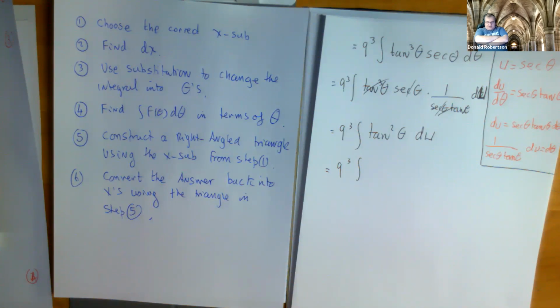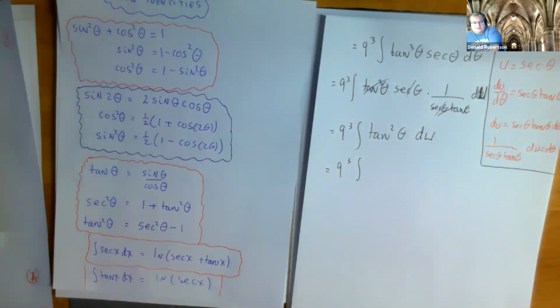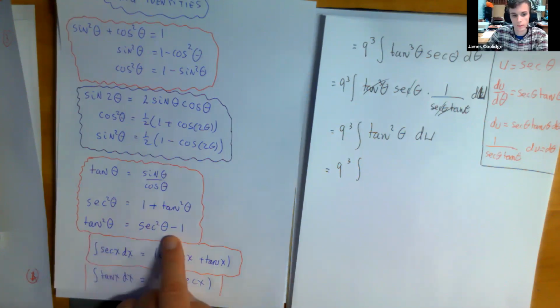Yes? What's tan squared equal to in terms of secant squared? Yet another identity. There. What's tan squared equal to in terms of secant squared? Secant squared take away 1. Yeah.